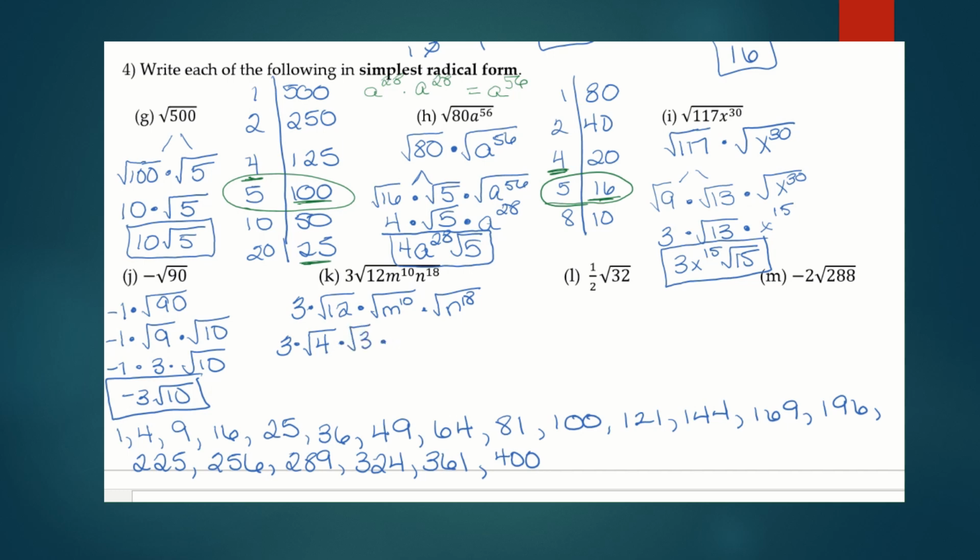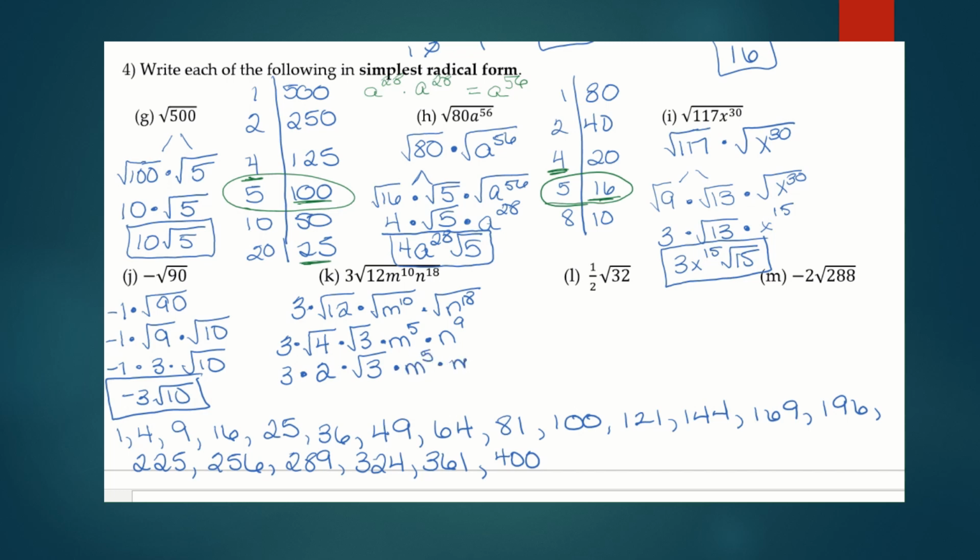The square root of m to the 10th power, cut that exponent in half, we get m to the 5th, times the square root of n to the 18th. If I square root n to the 18th, I get n to the 18 cut in half is 9. Simplifying a little further, the square root of 4 is 2. Square root of 3 is irrational, so I'm going to leave that underneath my square root.